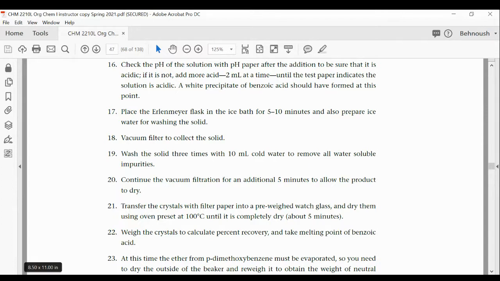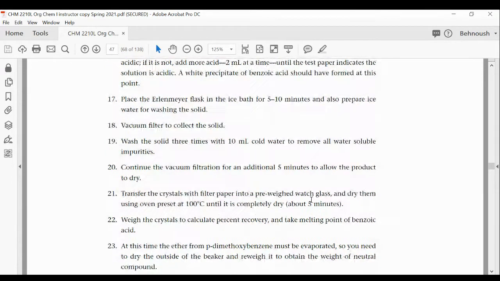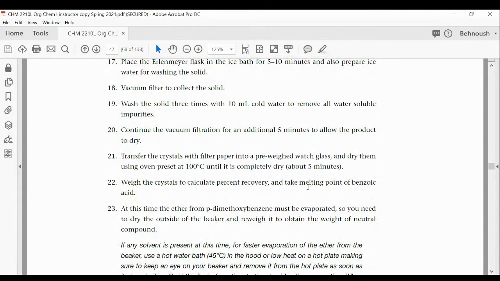So we take that from last week's experiment. In last week's experiment, which was recrystallization, we should have the saturated solution, but the temperature also needs to be low, and that's why we are using the ice bath. Then you are going to do the vacuum filtration and wash it with cold water, and after that you're going to dry it in the oven. 100 degrees is good enough for 5 minutes.